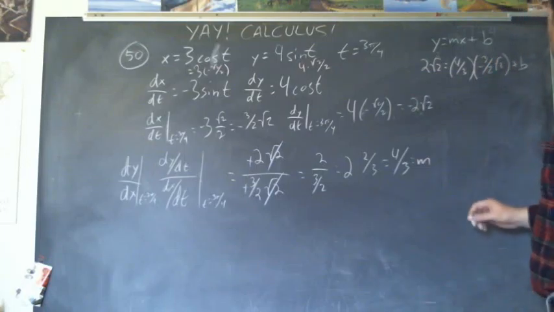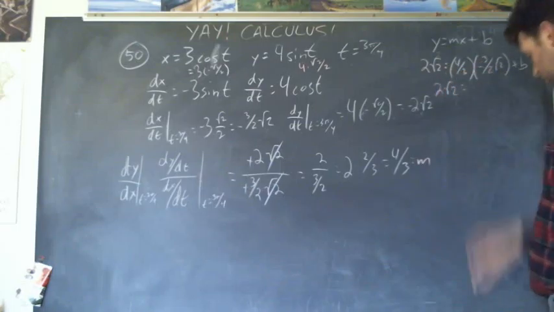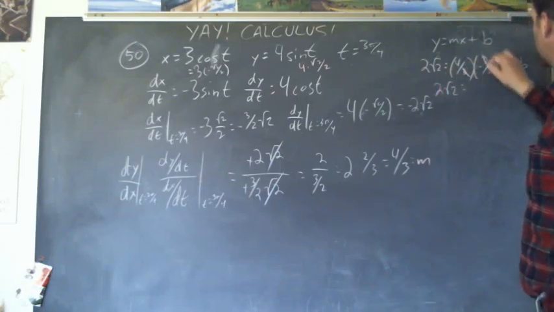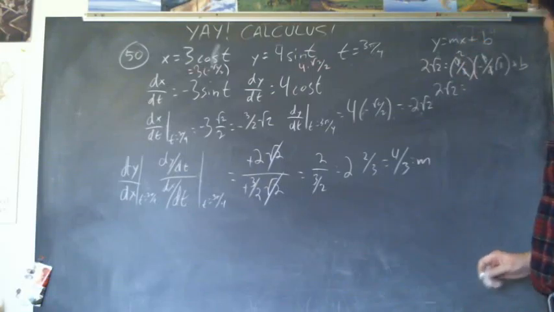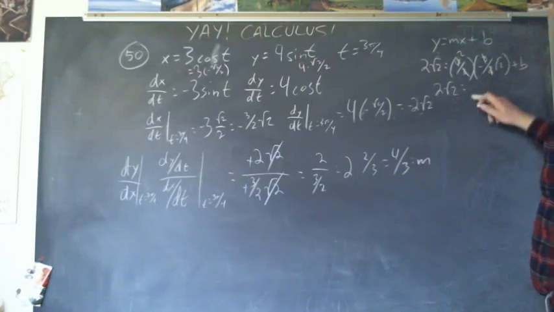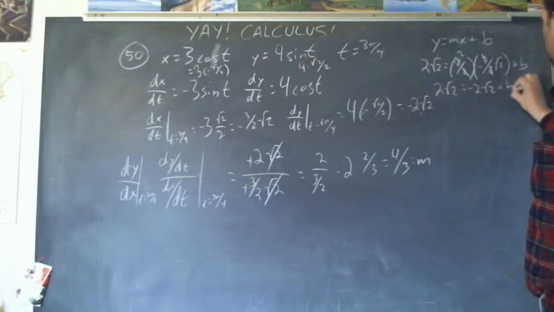Solving for b, we have 2 radical 2 equals, we can cancel these 3's, we can cancel this 2 and this 4, make it 2. When we do that, this is all gone, so it's negative 2 radical 2 plus b.